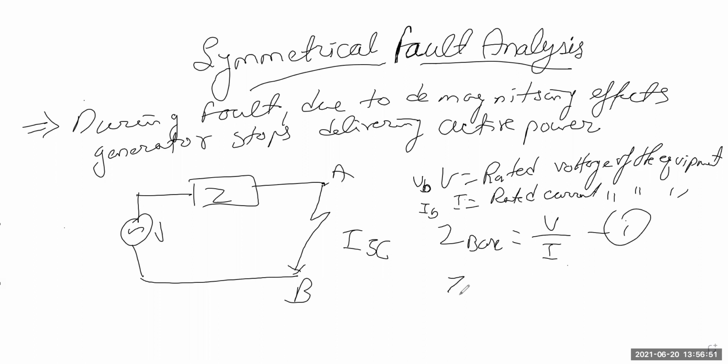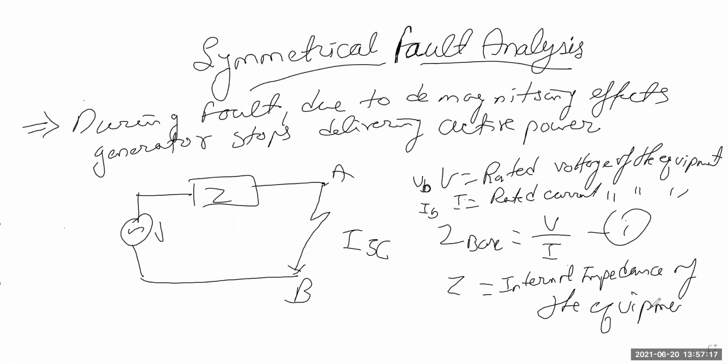Now, what is Z? Z in this is the internal impedance of the equipment. This is what we derive from this. Now active power is stopped delivering, so the active power is not there, there is no picture of that.